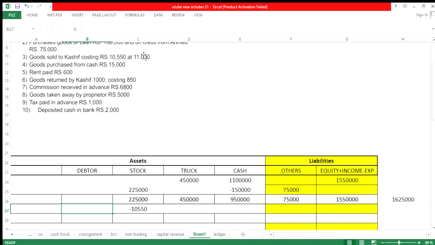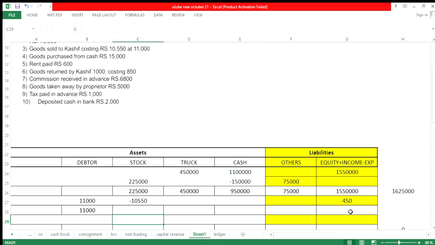How much amount will you receive? 11,000. How? Goods costing was just 10,550 and you have sold it for 11,000. It means the remaining part is your profit. How much? 11,000 you will receive while cost was 10,550. So 450 would be your profit.